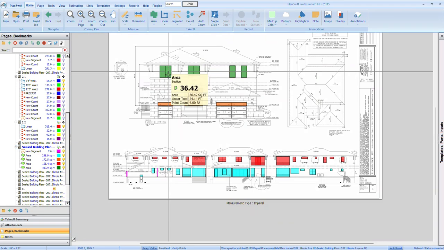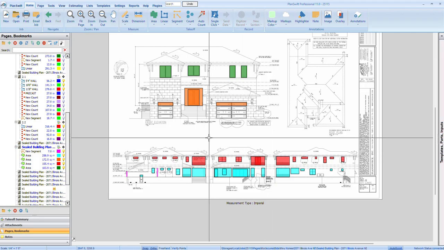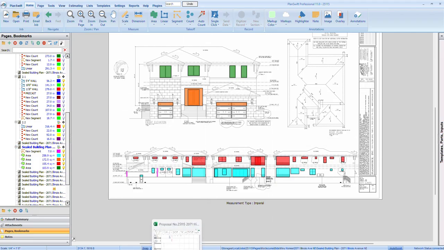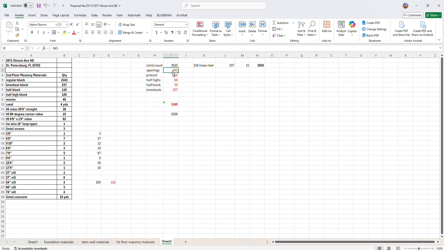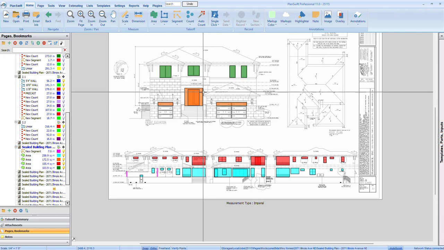So I get all my square foot, front, back, and that's how I came up with 845 minus 845 blocks.